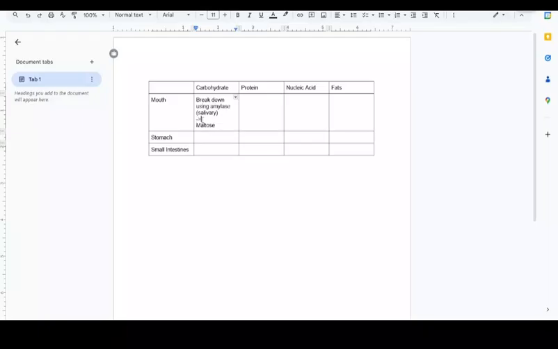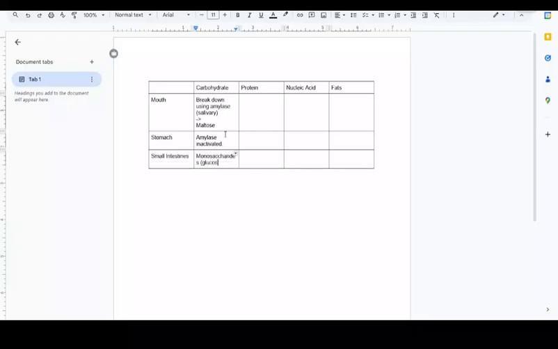Then this maltose is going to get into the stomach, and the stomach is going to inactivate amylase. Then it's going to get into the small intestines, which is going to break it down into monosaccharides, otherwise known as glucose. So basically, you're breaking down maltose into glucose.